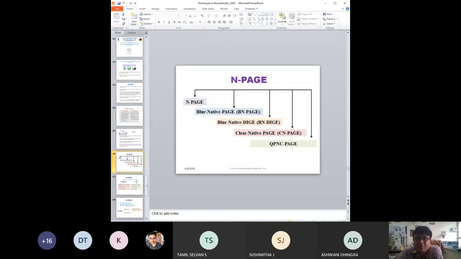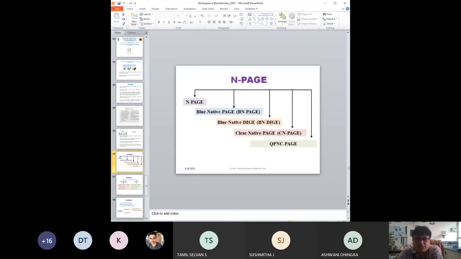Then we have another method which is called clear native PAGE, CN-PAGE. And as I told earlier also, CN-PAGE is a preferred technique for metalloproteins. The only difference is that here the polymerization time is very long; you have to keep the gel for polymerization maybe up to 62 to 69 hours.